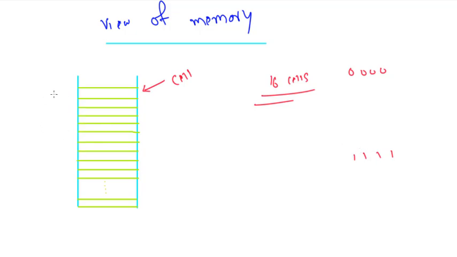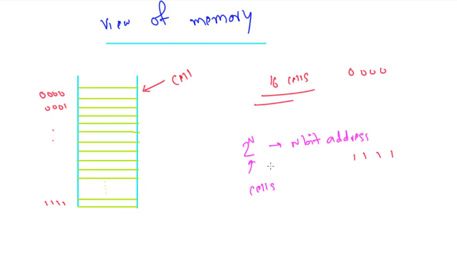The address of the first cell will be 0000 and the address of the second cell will be 0001. Similarly, the address of the last cell will be 1111. In general, if there are 2 to the power n cells, then I need only n bits, an n-bit address.